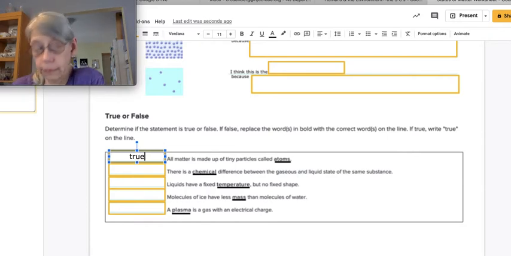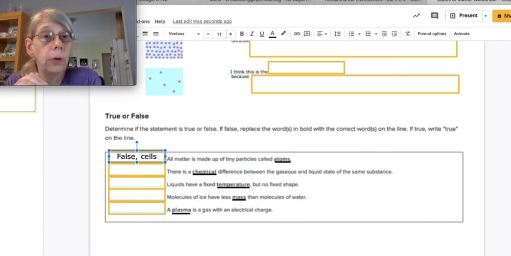All right? If you don't think so, you think they're tiny particles called cells, then you do this. Okay? For the most part, I am really not looking for this, especially since that's not a word. Okay, you can do this. All right, if you want to type false, so you know for sure, then you should also type whatever word you want to put in there. Okay?